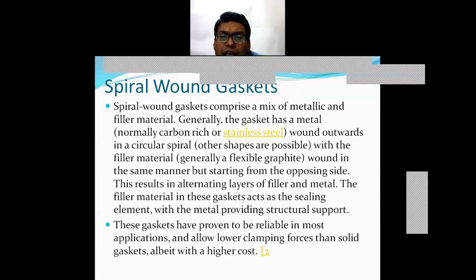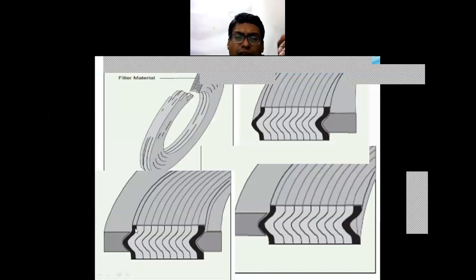The filler material in this gasket acts as the sealing element, with the metal providing the structural support. These gaskets are reliable in most applications and allow lower clamping forces than solid gaskets. Basically when we are using spiral gaskets, it has a higher cross-sectional area. So here is the area that gets compressed.